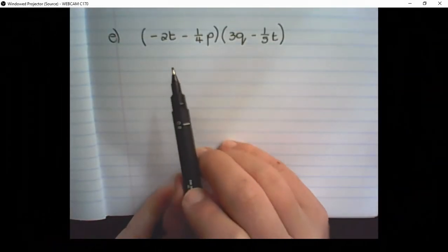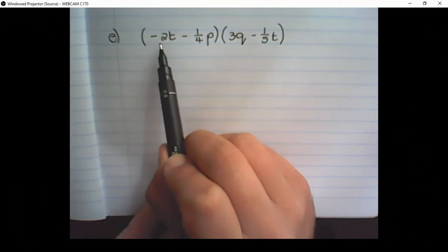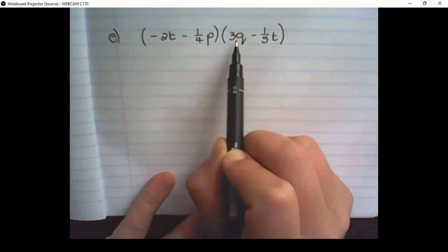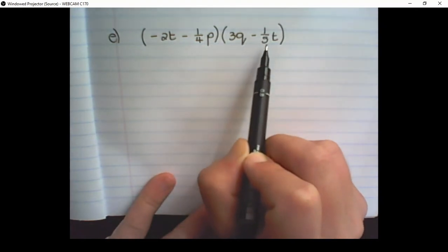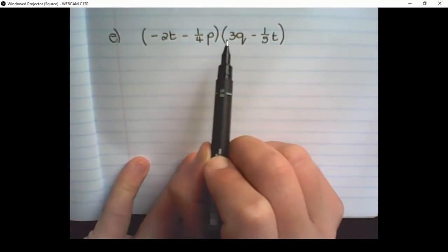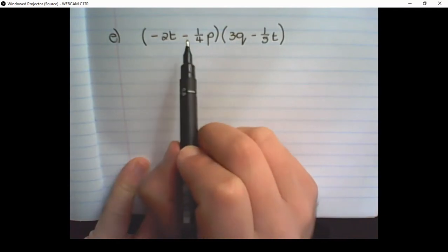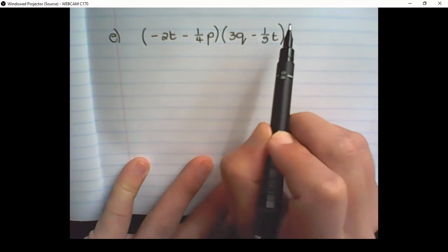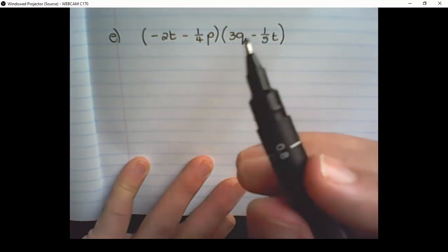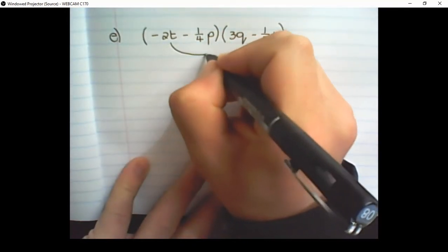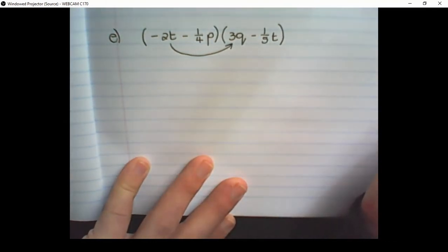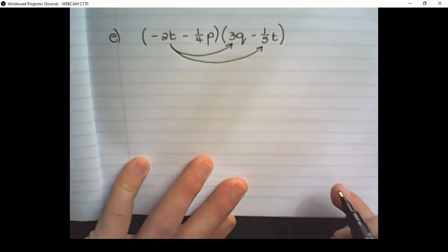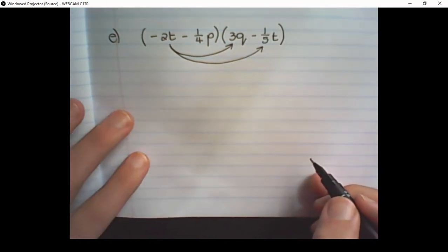In our last example for today, we have negative 2t minus a quarter p multiplied with 3q minus 1 over 5t. The same counts as before. We multiply everything in the bracket on the left with everything in the bracket on the right. So, we have negative 2t times 3q and negative 2t multiplied with negative 1 over 5t.